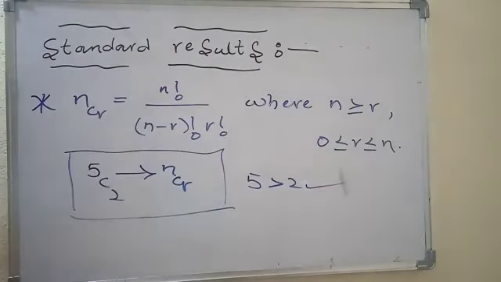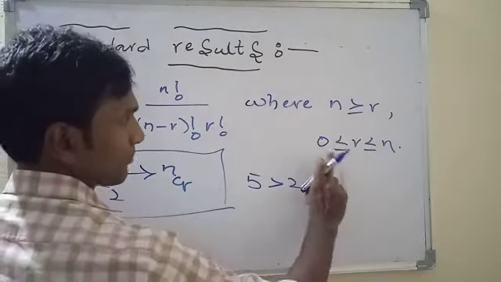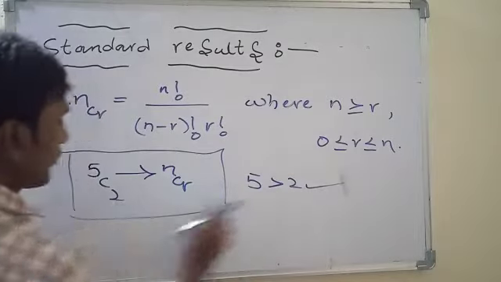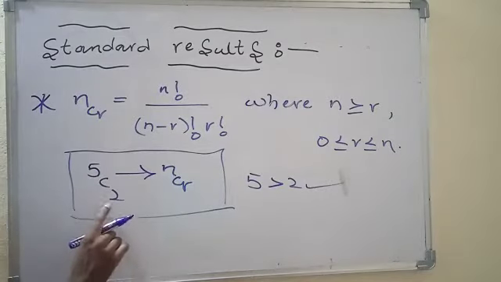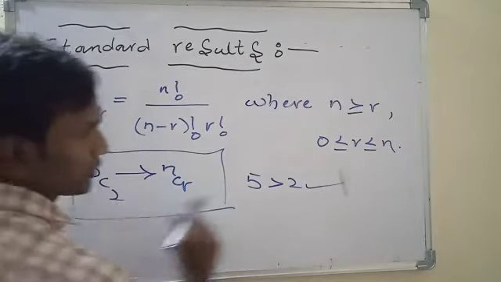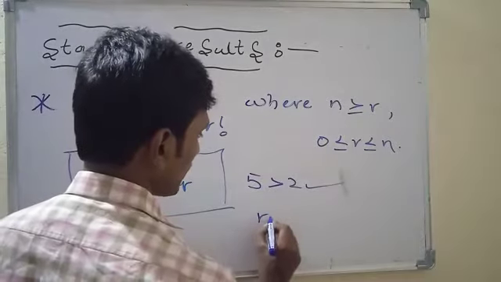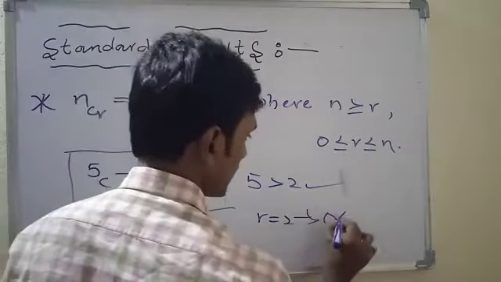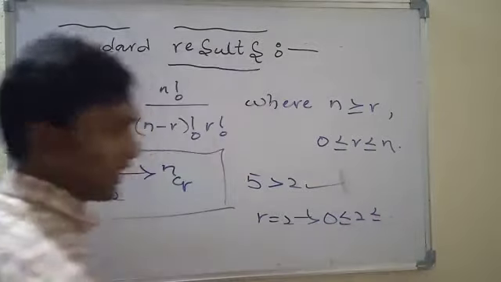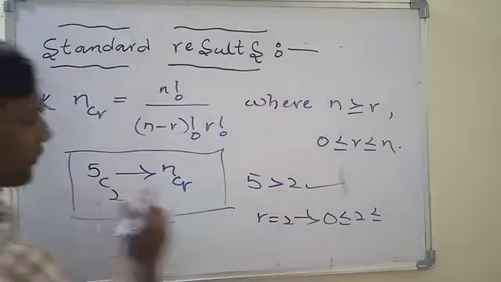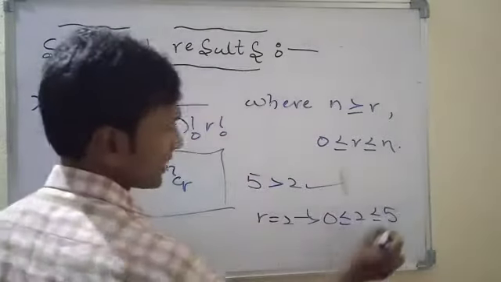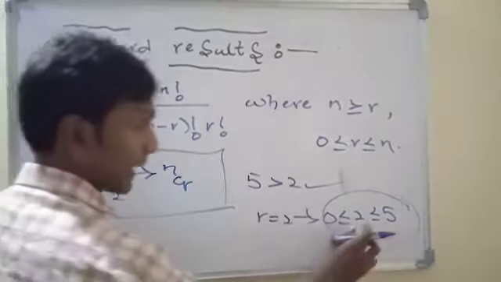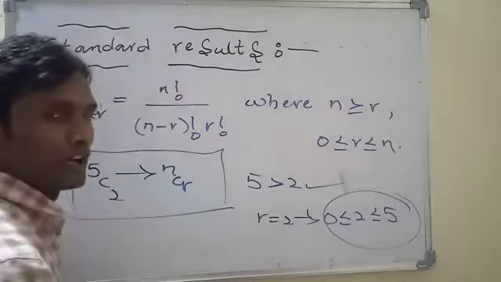Now check the second condition. Second condition is 0 less than or equal to r less than or equal to n. What is the value of r in 5C2? In 5C2, the value of r equals 2. Now 2 lies between 0 and 5, that means 0 less than or equal to 2 less than or equal to n, which is 5.